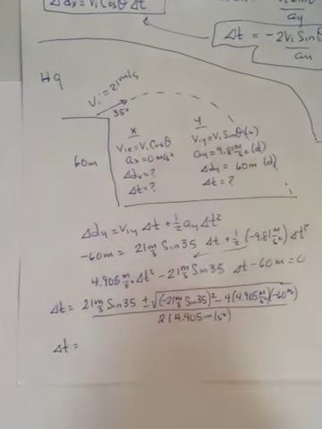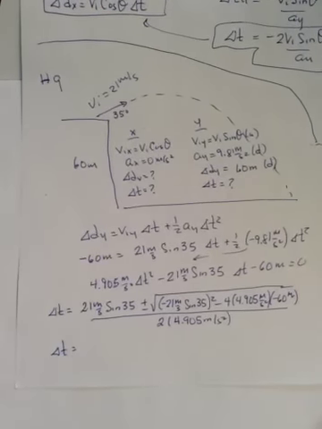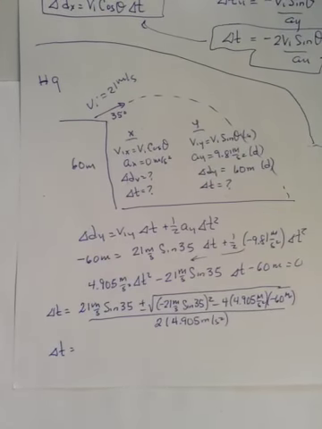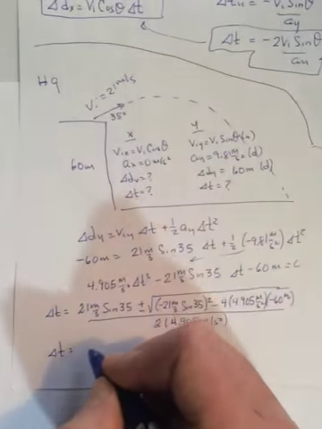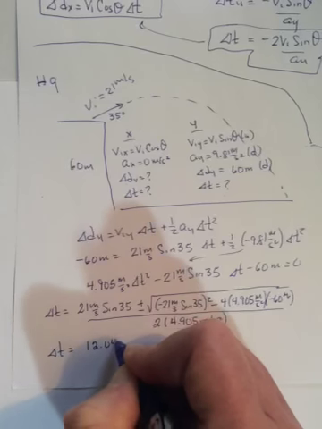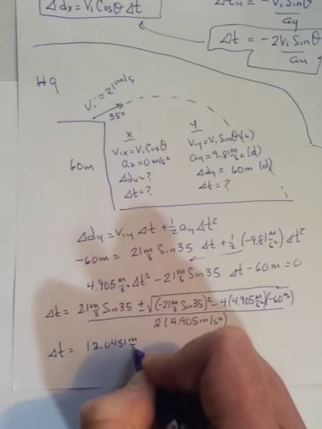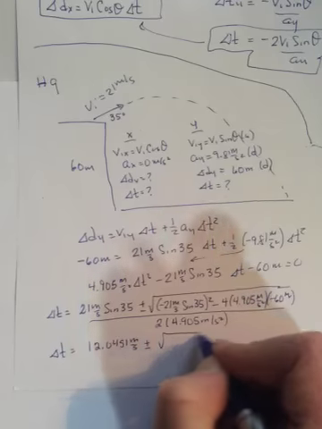Delta t equals, calculator, 21 times the sine of 35. So this is 12.0451 meters per second plus or minus.